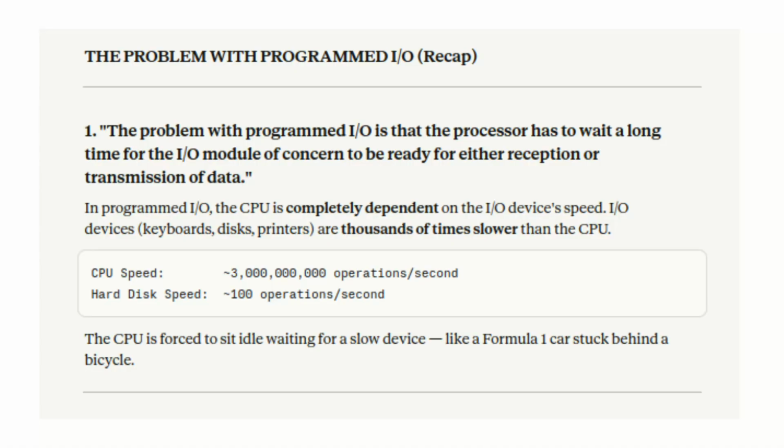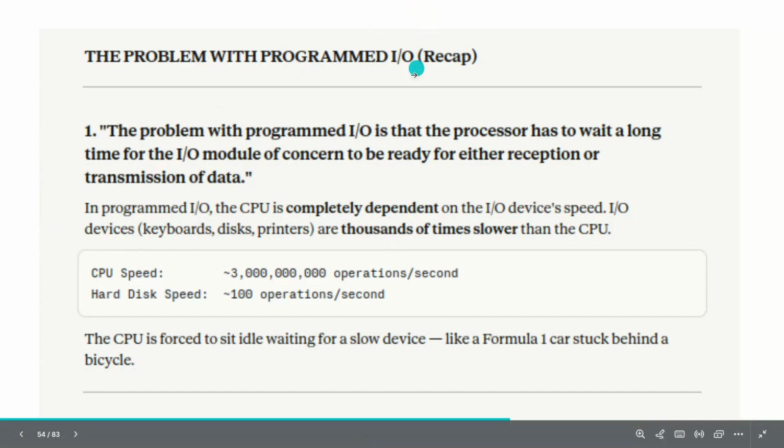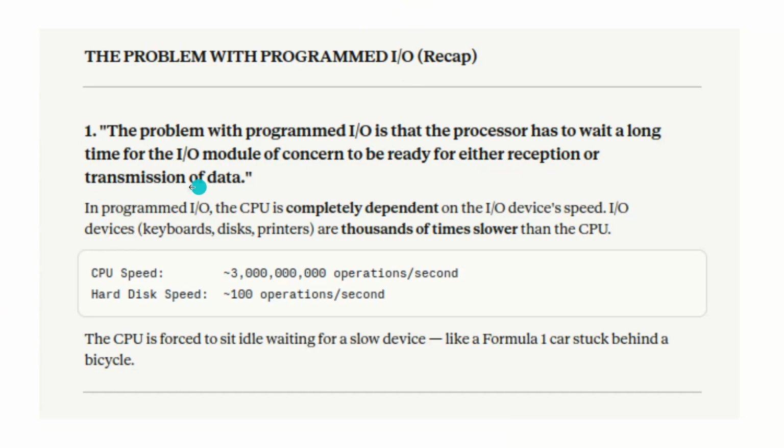But an IO device is 1000 times slower than the CPU, so the CPU has to wait idly for a long time. IO module concerned means the device needed by the processor for that instruction. So the processor has to wait a long time for the IO module to be ready for either reception or transmission of data.